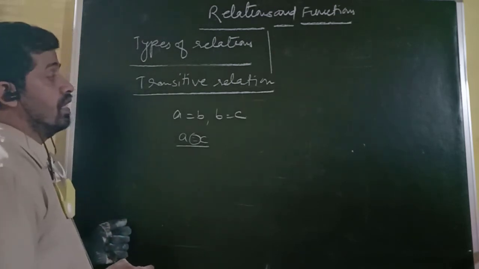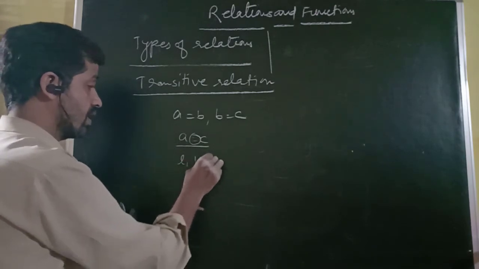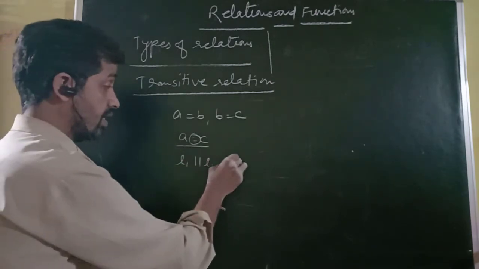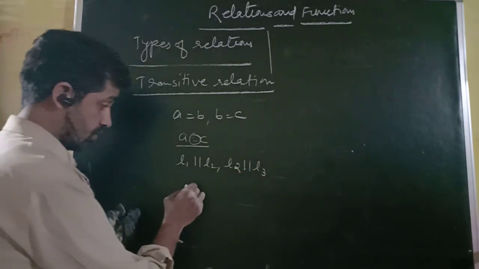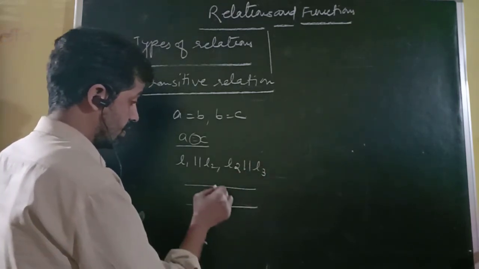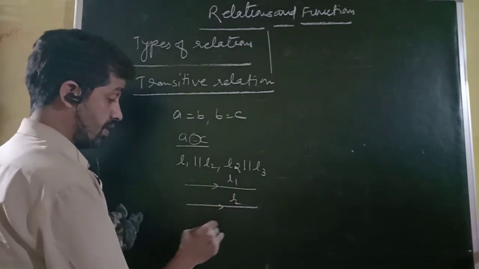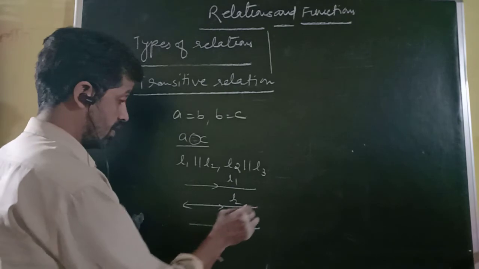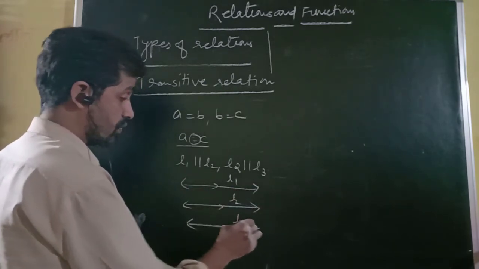Now, a line is parallel to a second line, which is parallel to a third line. Draw the diagram. Line 1 is parallel to line 2. Line 2 is parallel to line 3.